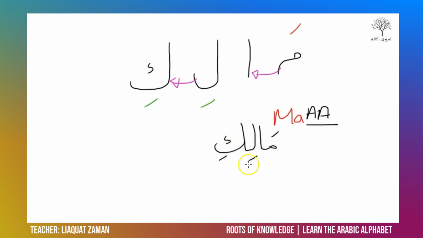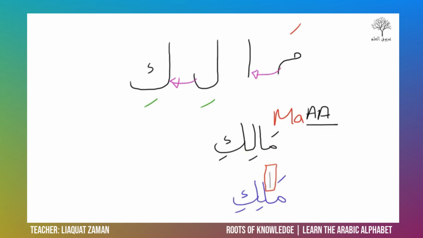Maliki. Okay, and now in the Quran, it's actually found like this. So they're both actually found in the Quran. But here's the one that we're going to show. So if it didn't have the alif, it would have been maliki. Now, because it has the alif, we say maliki. So pronounce it with me then. Maliki.